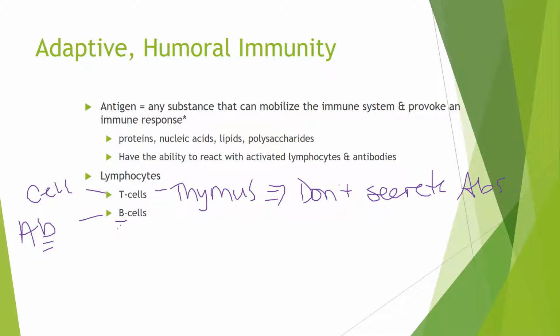B cells, on the other hand, are matured in bone marrow. Part of the names for these cells comes from where they are produced. These are responsible for bacterial infection and some viruses, and again are related to antibody production and secretion.